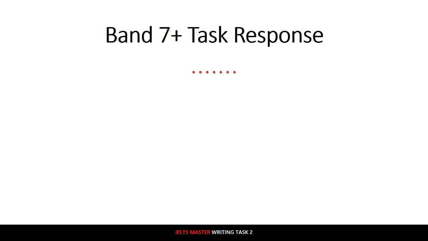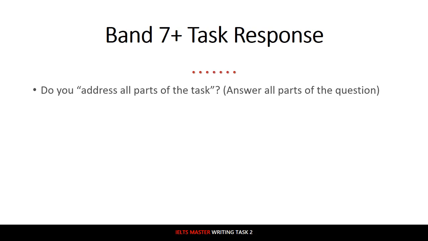Let's start with task response and what you need for a Band 7 Plus in task response. Task response, the first question you should ask yourself is, do you address all parts of the task? And this means, do you answer all parts of the question?